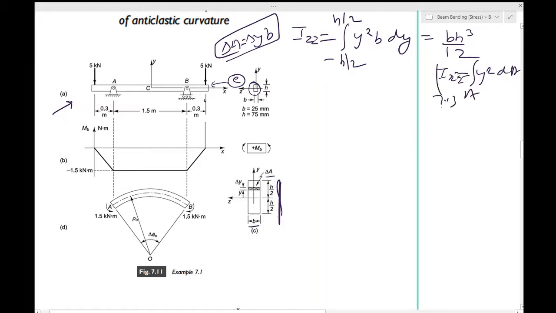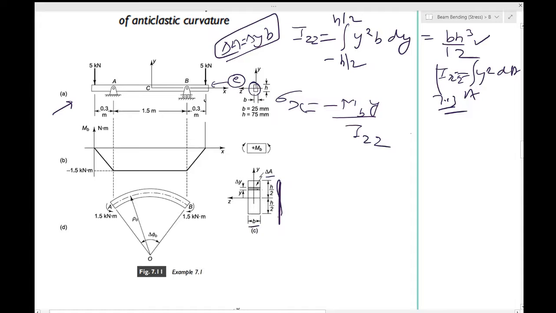This was 713. Okay, so once this is done, you would find a numerical value of what IZZ is, and then you will have to just find the maximum value of the bending stress. So look at the bending stress, that is minus Mb y by IZZ.